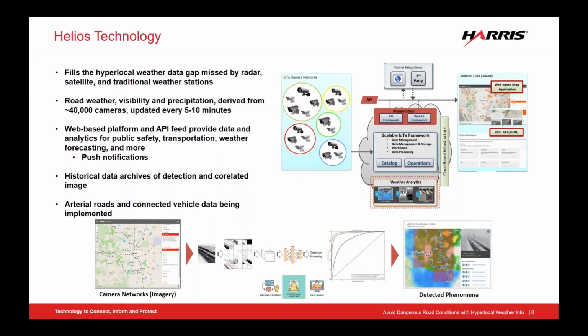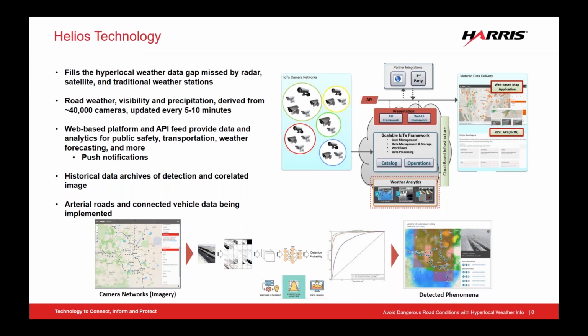So we're able to look at the imagery, use machine learning, as you can see from the bottom, from machine learning to statistical analysis and data mining, and then we provide you detected phenomena from a simple camera image. We're able to do that using one frame of imagery. In traditional computer vision, you may need multiple frames of imagery to make a detection, doing a pixel-to-pixel comparison.